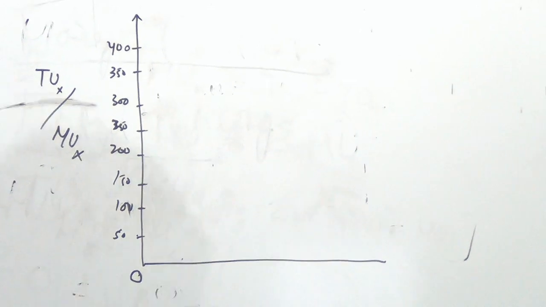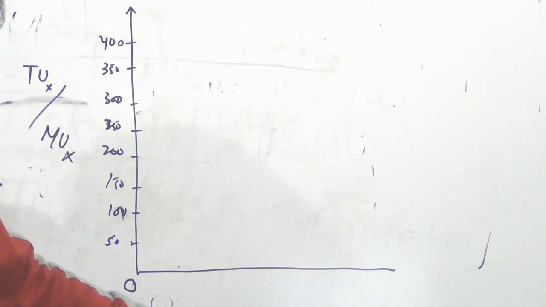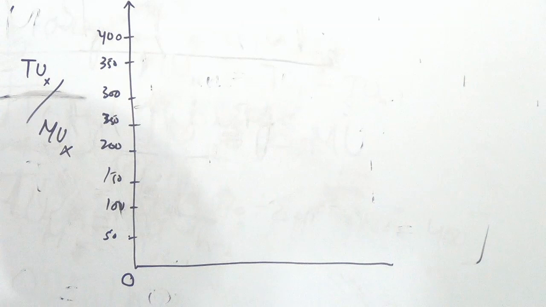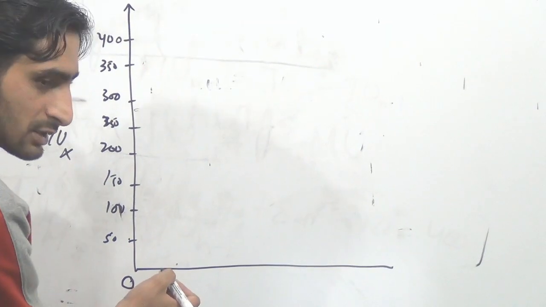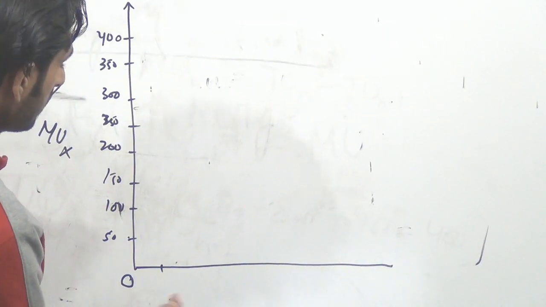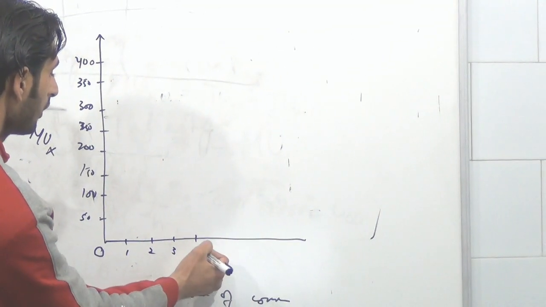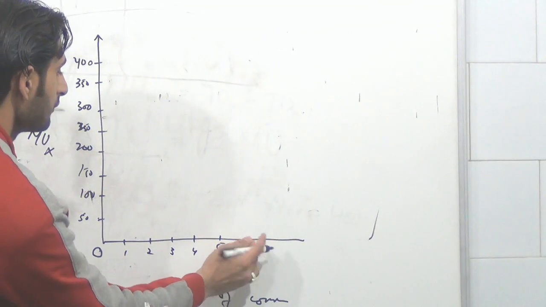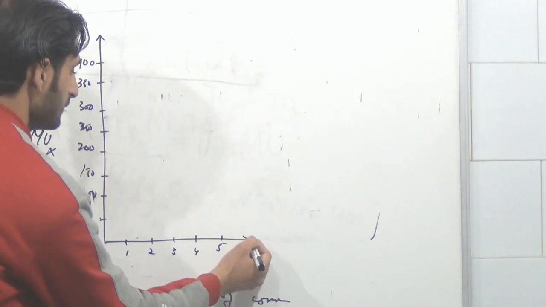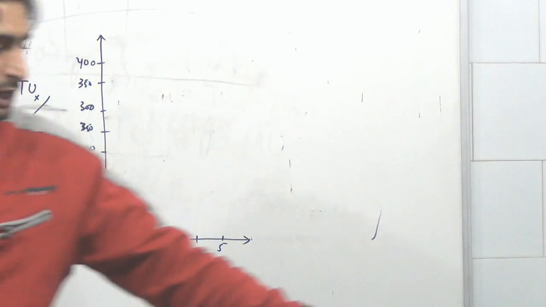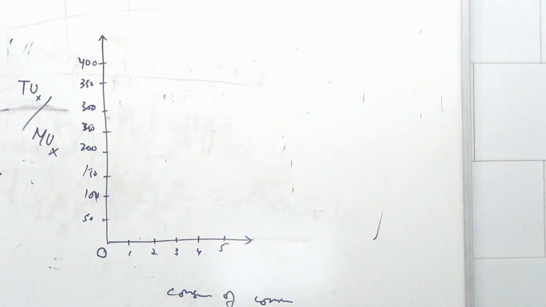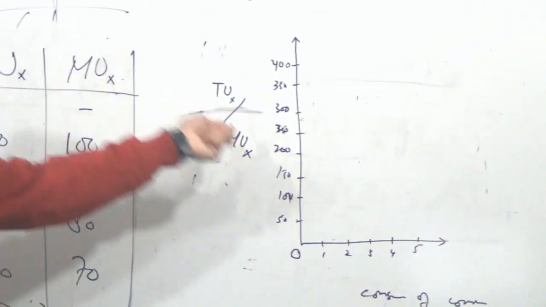Now the units of commodity consumed are 5 only. I'll divide this line into 5 equal parts: the first unit, the second unit, the third unit, the fourth unit and the fifth unit. This will suffice us. So what I am establishing is the total utility curve.